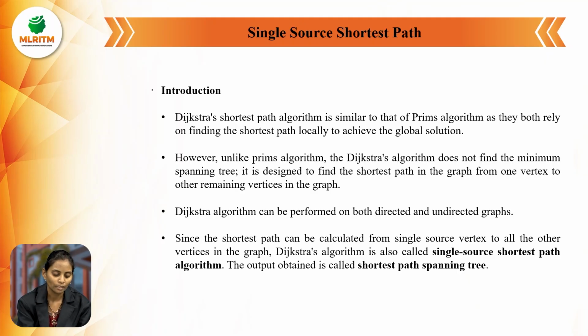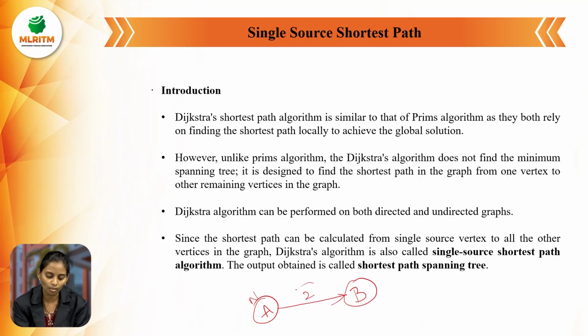So for example, let me take, I want to travel from node A to node B, with some particular distance, say 2 meters. These two are called nodes, and this is called the cost of the edge.